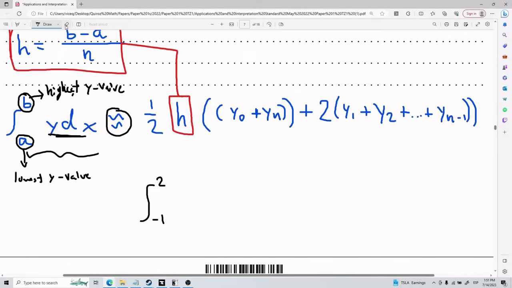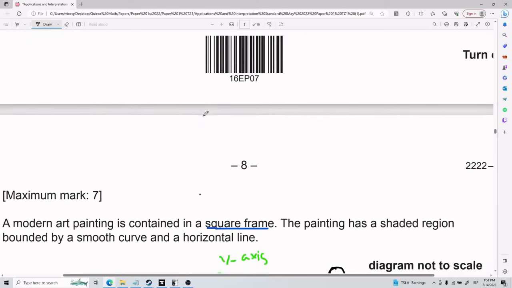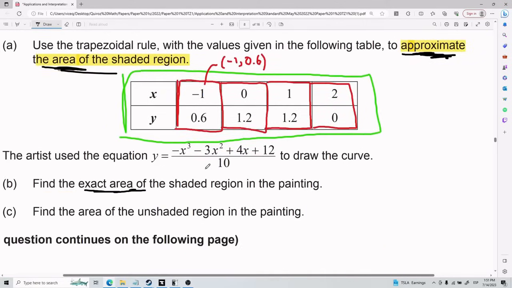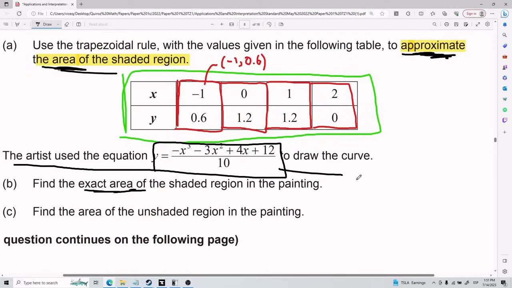And so y dx is going to be, again, your function, your line. They tell us that the artist used the equation to draw the curve. So this is going to be my y. Here's a y equals, and I'm going to put a dx next to it because that's how integrals work. But my y is this whole thing.